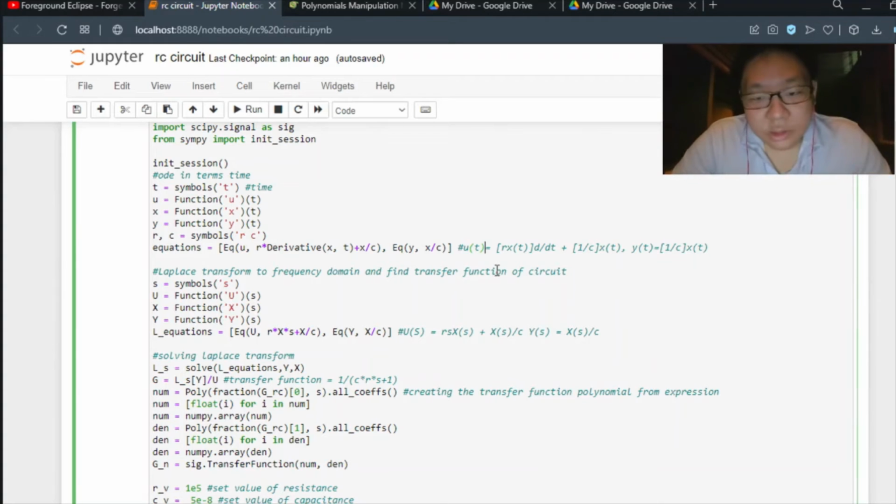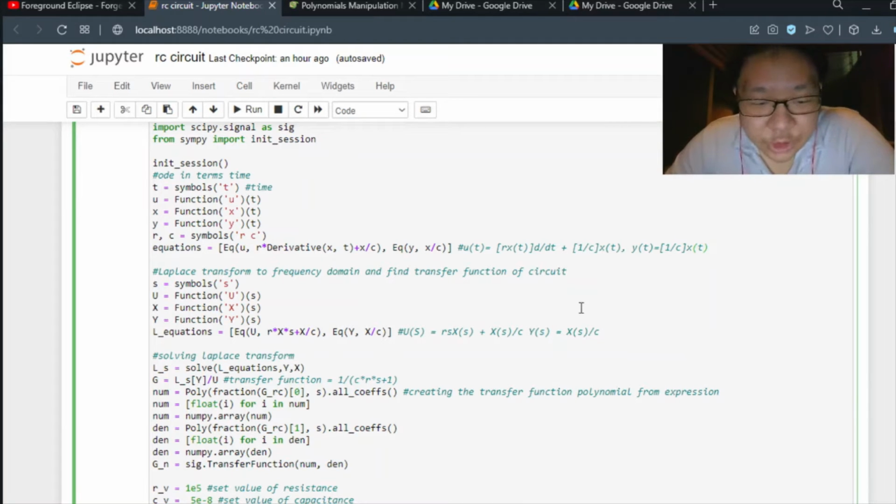Okay, so we have an ODE which we could solve directly, but that's not very useful. So what are we going to do? We could change this to the frequency domain and find the transfer function of the circuit. What is the transfer function of a circuit?